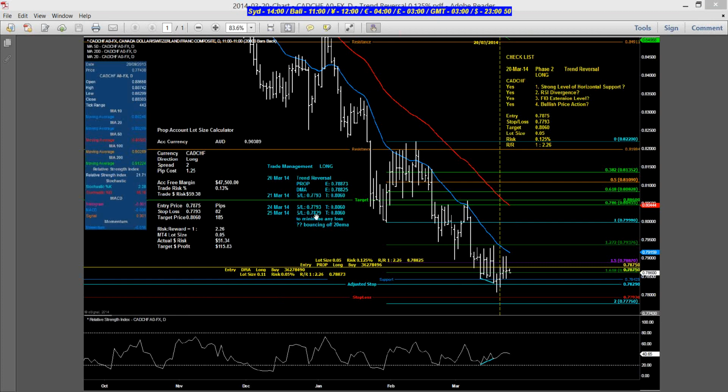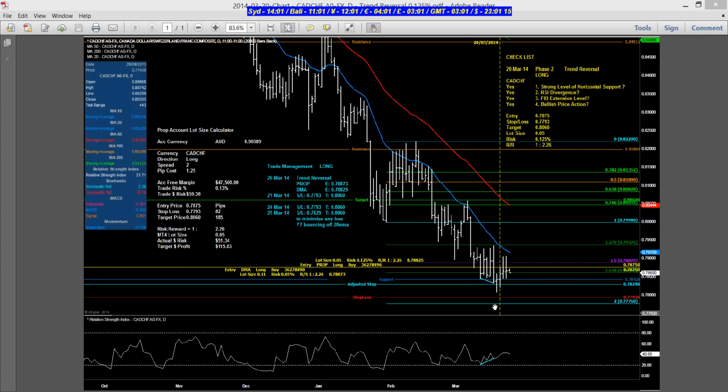And stop loss. Bouncing off the 20 EMA. What to do? Oh, look, it looks like it is cycling off the 20 EMA, but it needs to come back to the 50 at some point.